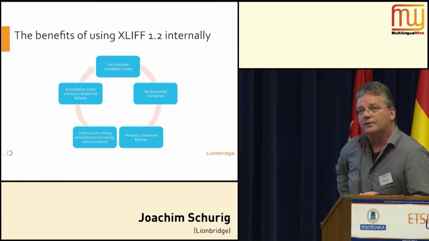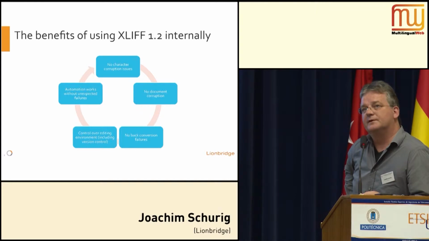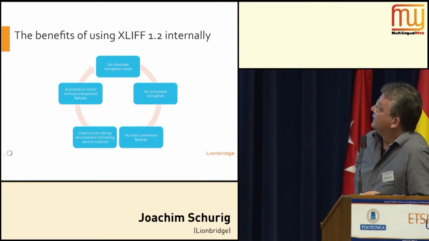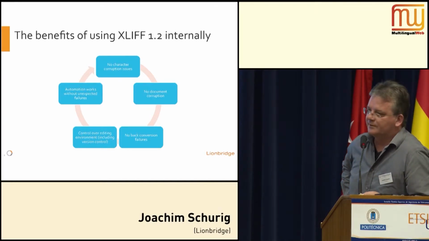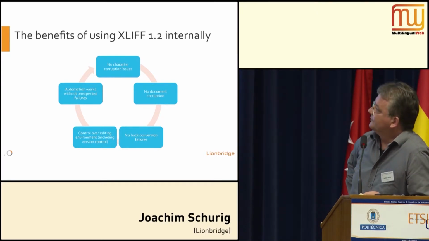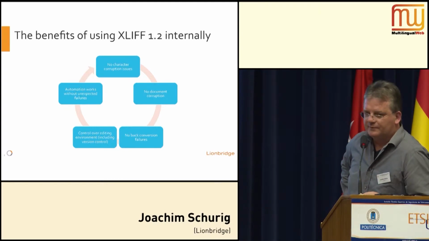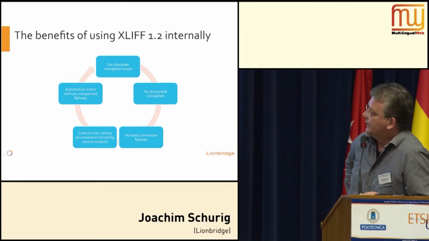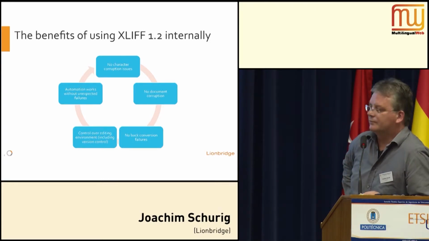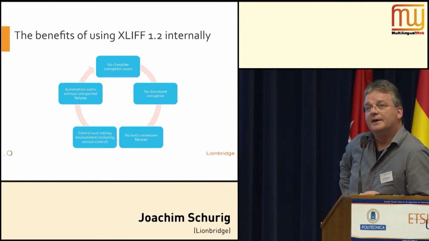So we switched, as I said, to using XLIFF 1.2 internally. This gave us a lot of benefits. We suddenly had no character corruption issues, because XLIFF is a clean Unicode and XML format. We had no document corruption for similar reasons anymore, and typically no back conversion failures, and we had control over the whole editing environment.